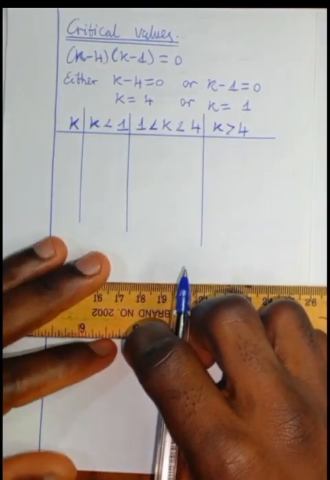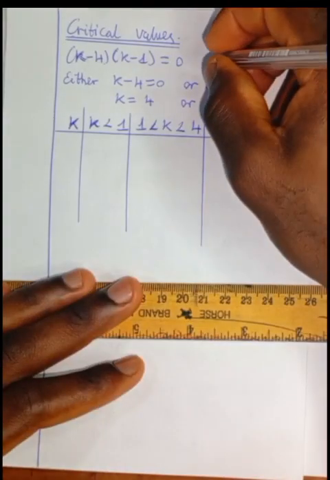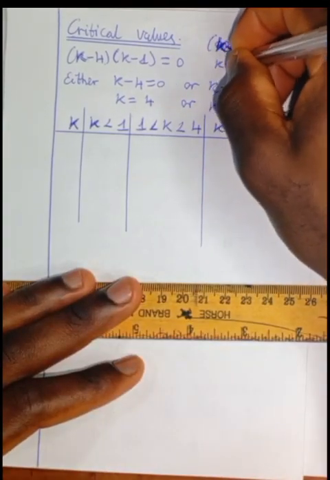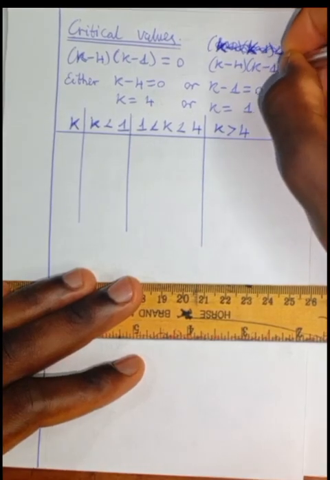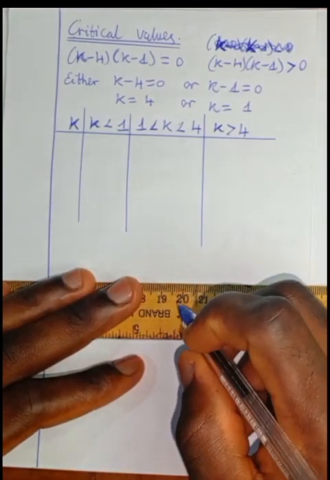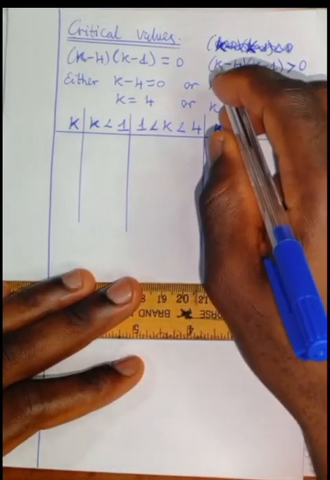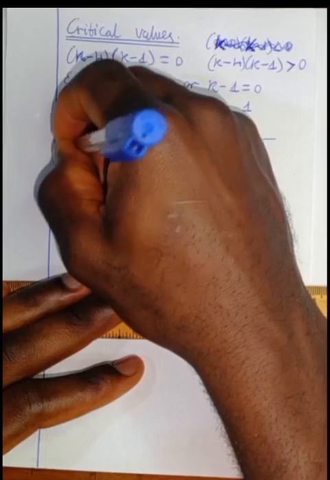Then for the rows, the first rule, remember for the inequality we have k minus 4 times k minus 1 greater than 0. So for the first rule we are going to test, we have k minus 4.